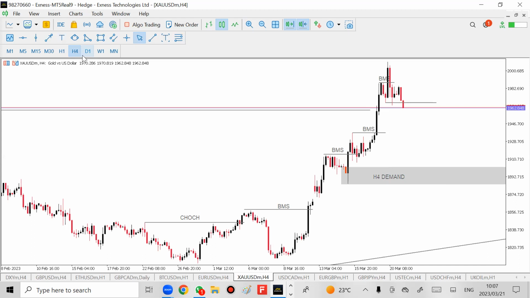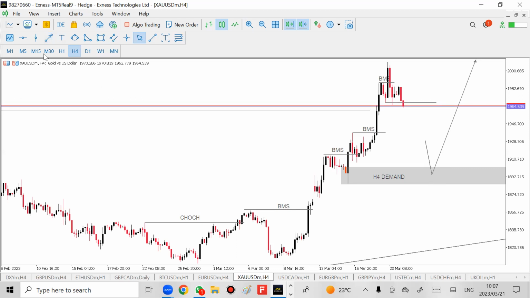From 4 hour, we just go to our entry time frame, which is 15 minutes. Before we go to 15 minutes, we definitely know that this is a complex pullback that we are intending to trade, and we are hoping also to continue buying.